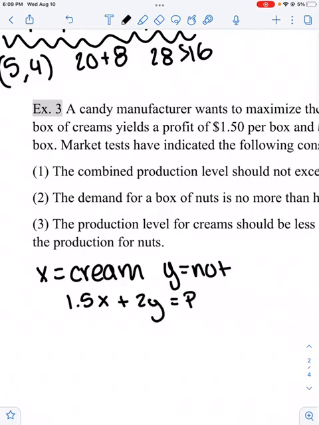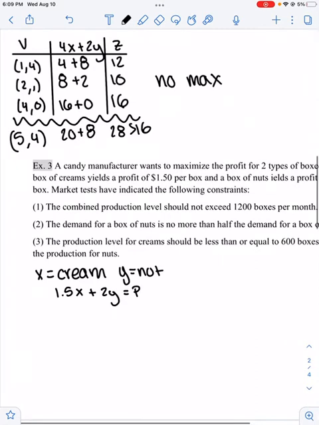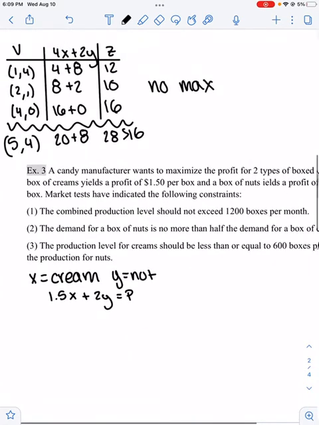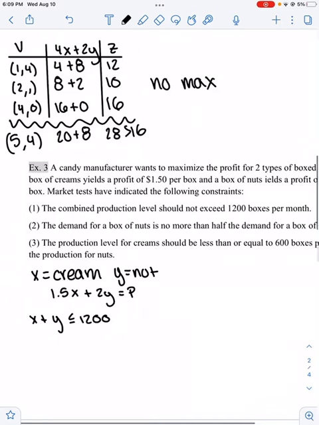These constraints: the combined production level should not exceed 1200, so x plus y should be less than or equal to 1200. And the second one, the demand of box of nuts is no more than half the demand of box of creams. So y is less than or equal to 1/2 x.